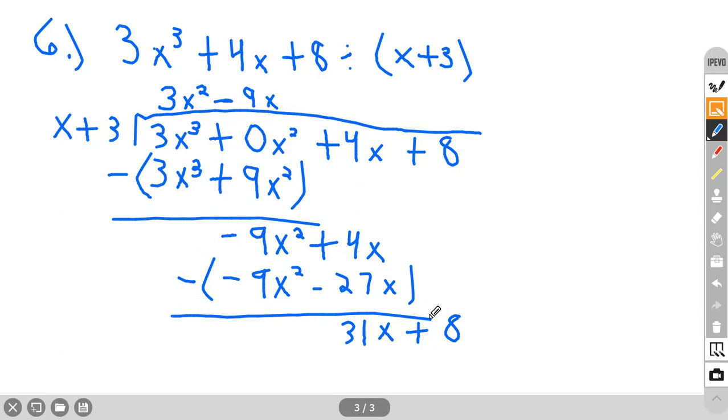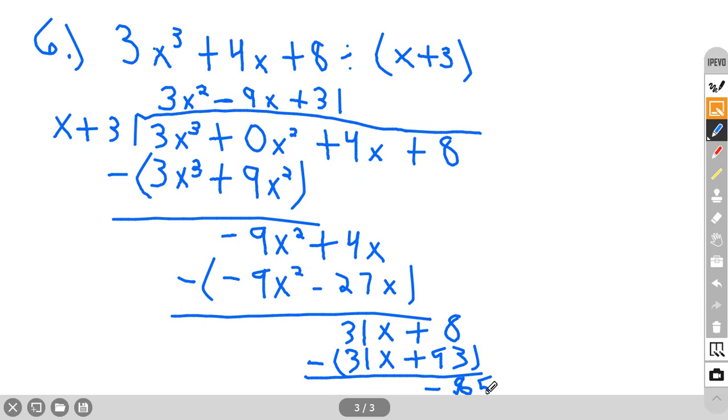What times x is 31x? So that's going to be plus 31. I multiply x times 31, I get 31x. And I multiply 31 times 3, and I'm going to get plus 93. Now I go ahead and subtract it. 31x minus 31x is 0. 8 minus 93 is going to be a negative 85.